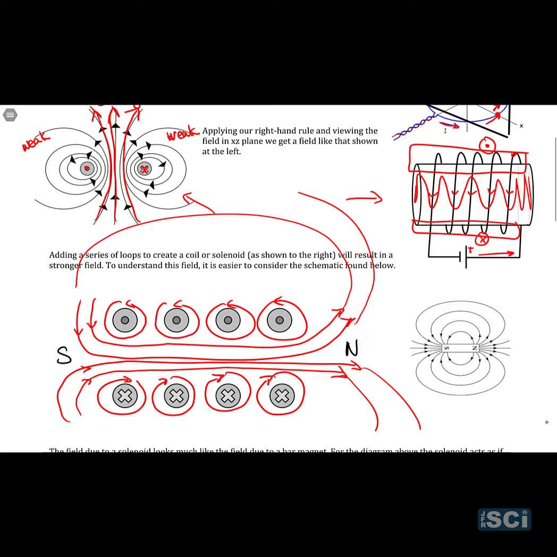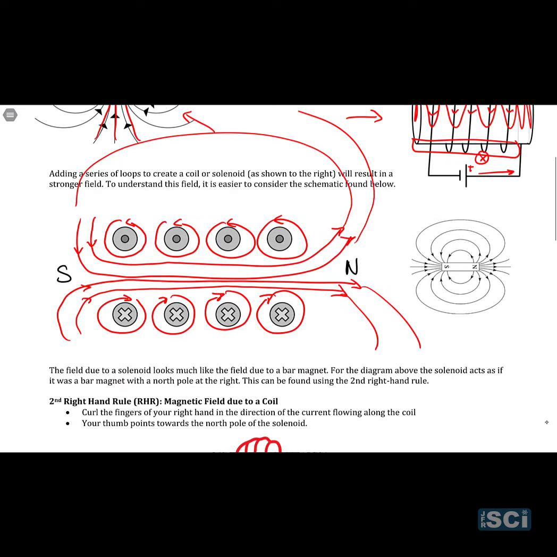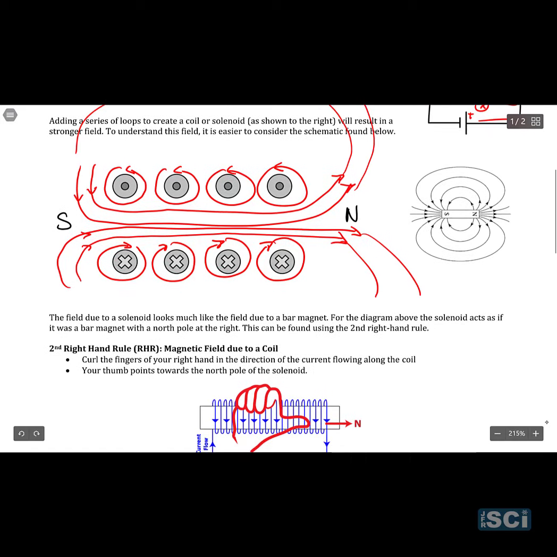It has a north acting pole and a south acting pole. That supports the fact even more that a coil of wire with current going through it acts similarly to our bar magnets. Now, there's a right-hand rule that will help us out with this.